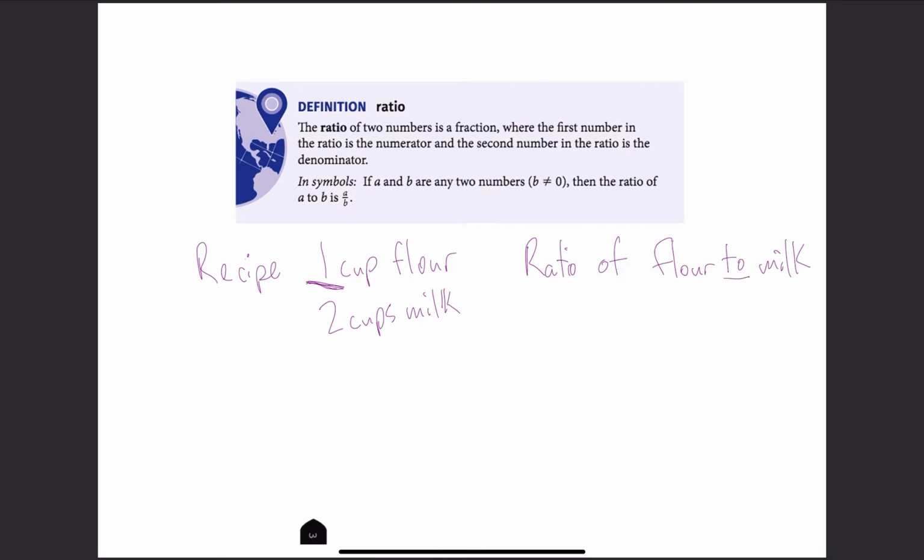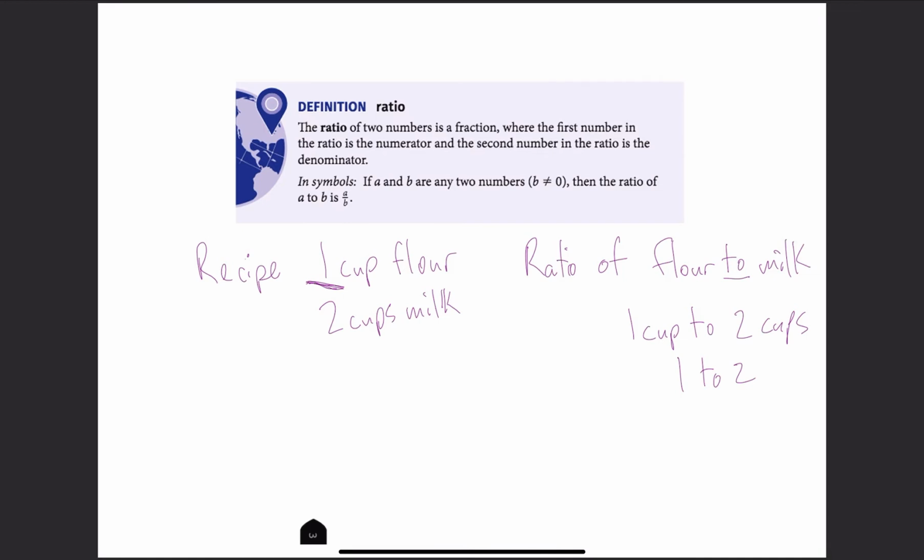So we can write 1 cup to 2 cups. And I can drop the units and just focus on the numbers, since they're the same units. The units actually don't matter in this case, because whether it's 1 cup to 2 cups or 1 tablespoon to 2 tablespoons, if I make a really small version of the recipe, as long as the relationship, the proportion, the ratio remains the same, then it's okay.